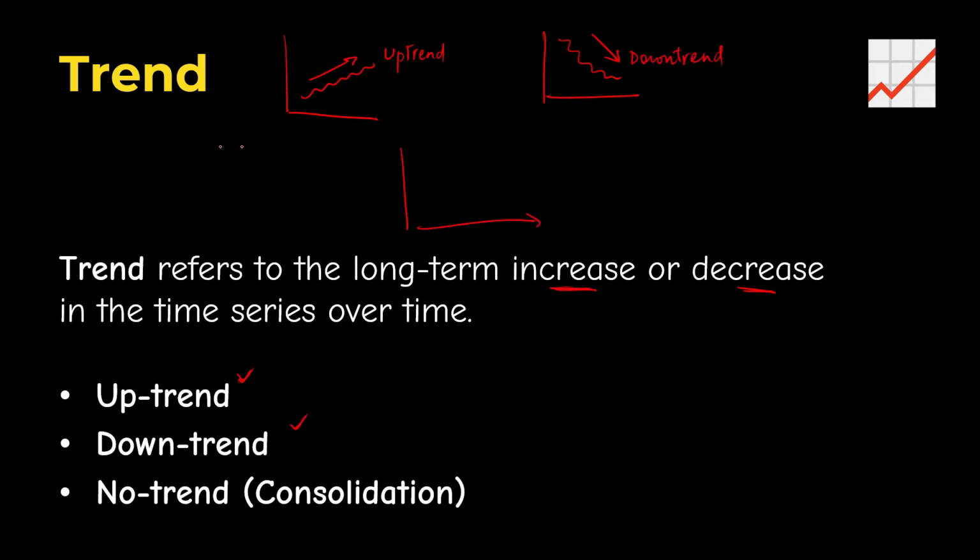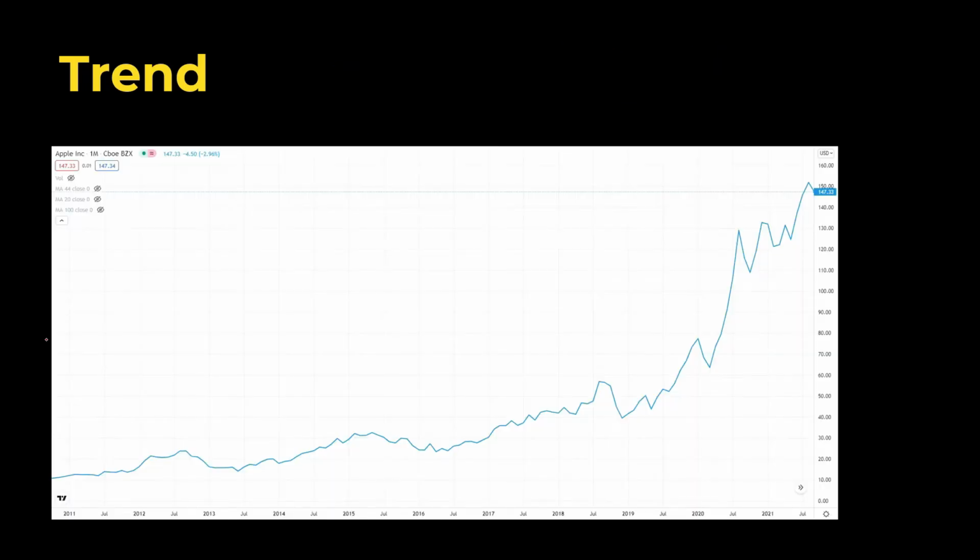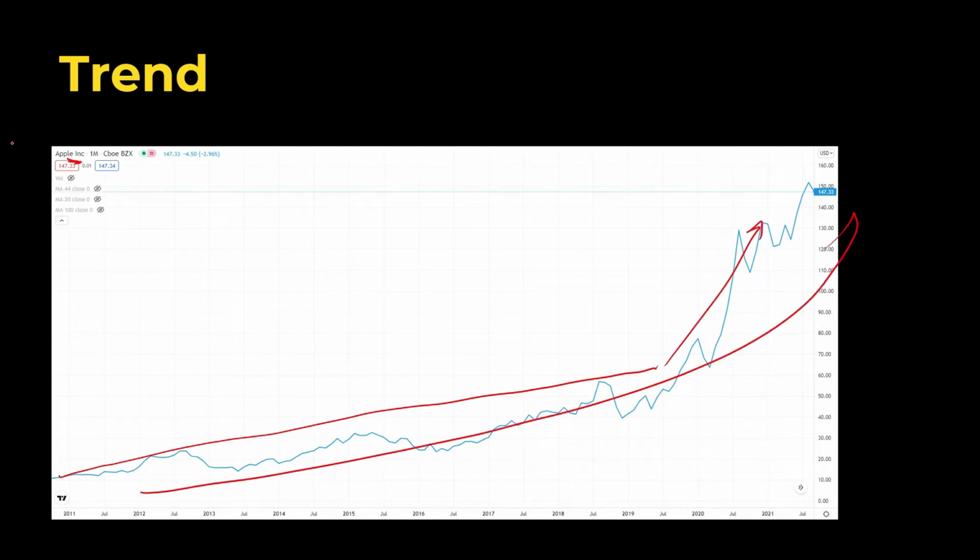And there may be some data sets where there is neither an uptrend nor a downtrend, so we could say that there is no trend, or consolidation. Here is an example of the stock prices of Apple. You can see that there is steady growth and then a very sharp growth, almost like an exponential growth. So this is an example of an uptrend.